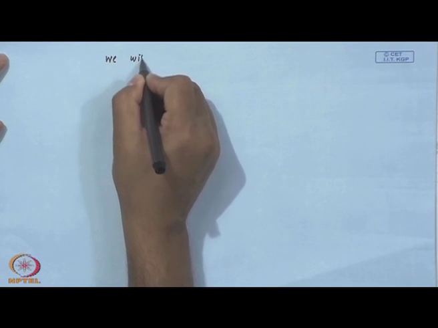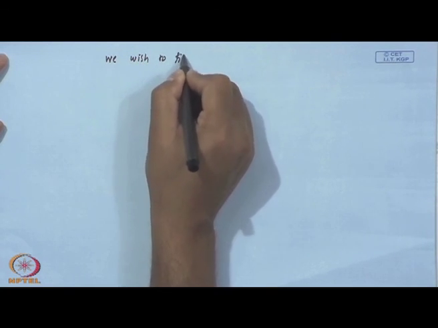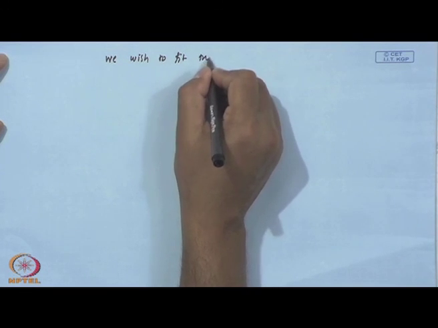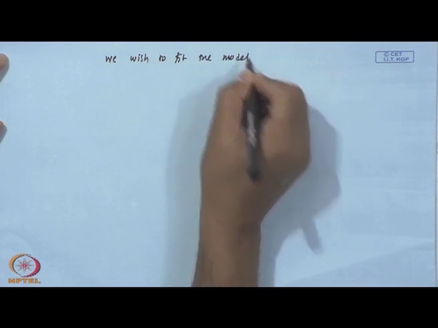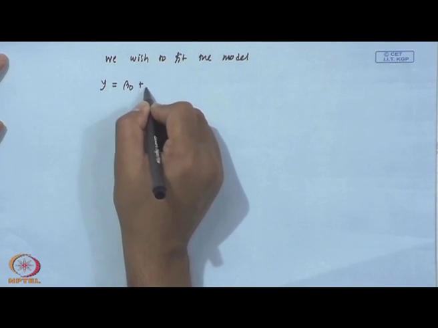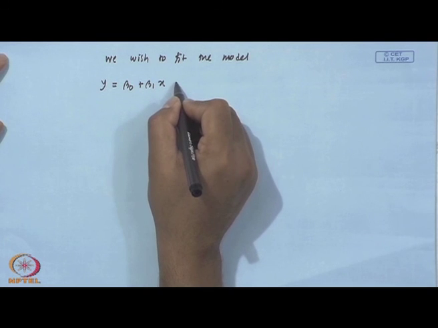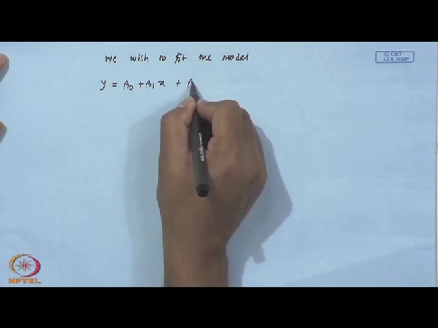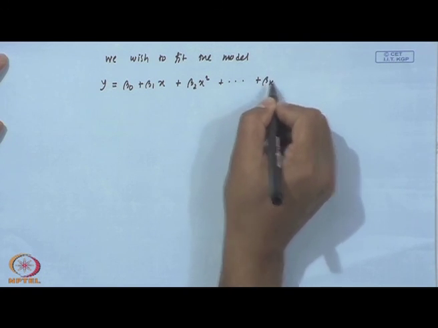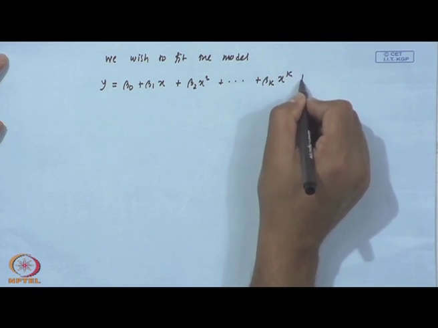Okay. So, let me recall a little bit what a polynomial model is. We wish to fit the model y equal to beta naught plus beta 1 x plus beta 2 x square plus up to beta k x to the power k plus epsilon.